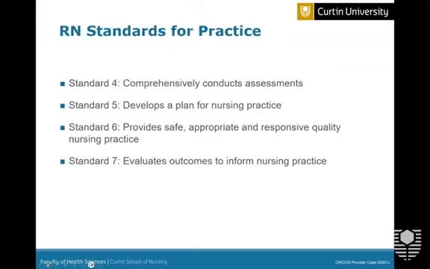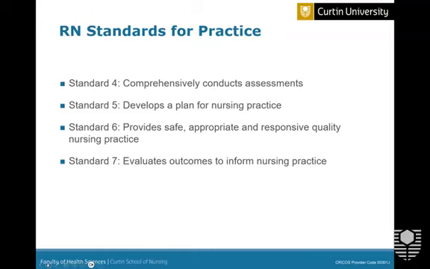So when we look at the RN standards for practice, standards 1, 2 and 3 absolutely apply, but what I want to do is show you in standard 4 that you are comprehensively conducting assessments, so it's part of standard 4. It's part of standard 5 because you are developing a plan for nursing practice, that is patient care.